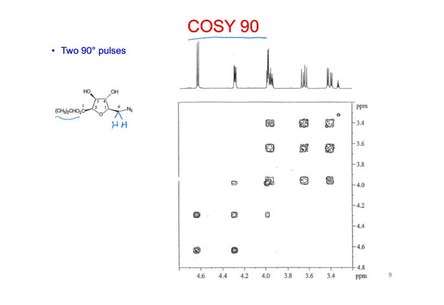And do you think it would really be a doublet? No, it wouldn't. Why would 6 not be a doublet? Well, there's a lot of chiral centers in the molecule, right? So those would be diastereotopic, right?